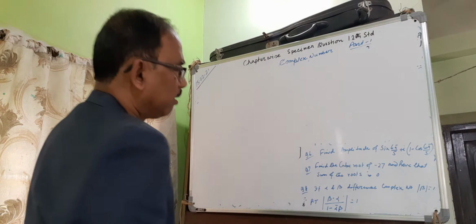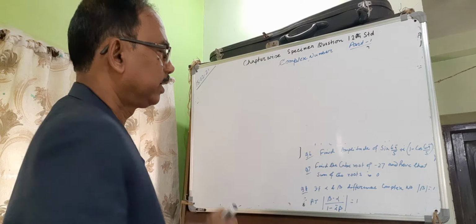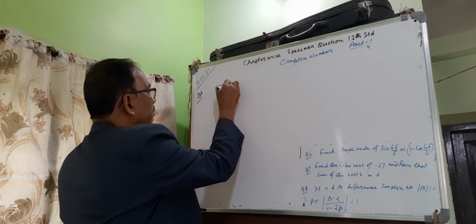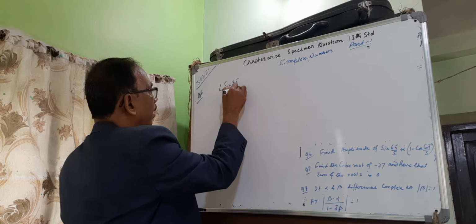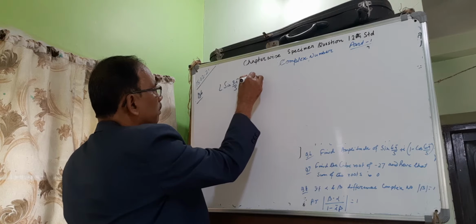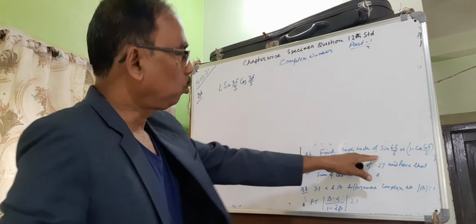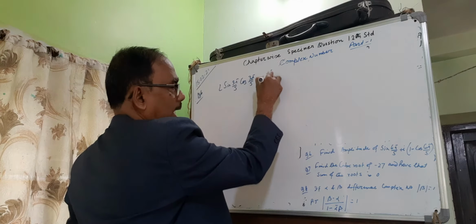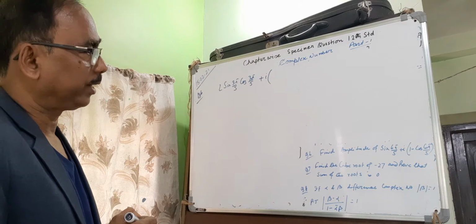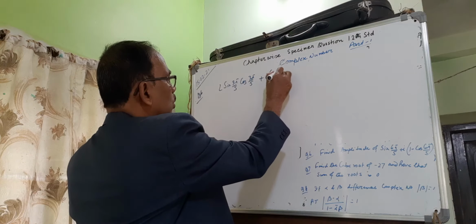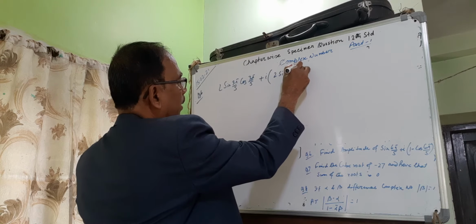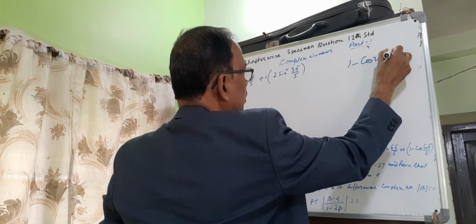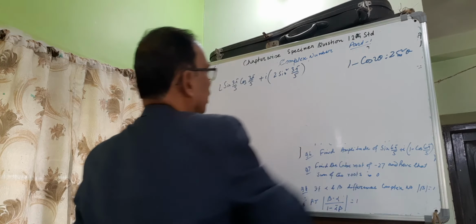Next, question number 6. Find the amplitude of this. Here, sin 6 pi by 5 means 2 sin 3 pi by 5 cos 3 pi by 5, using sin 2 theta equals 2 sin theta cos theta. Plus i times (1 minus cos 6 pi by 5), that is 2 sin square 3 pi by 5, since 1 minus cos 2 theta is 2 sin square theta.